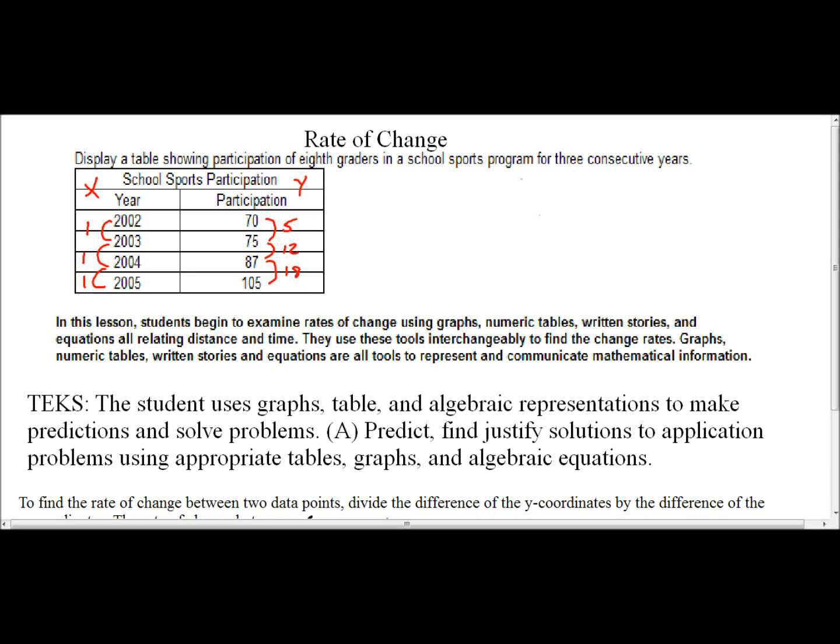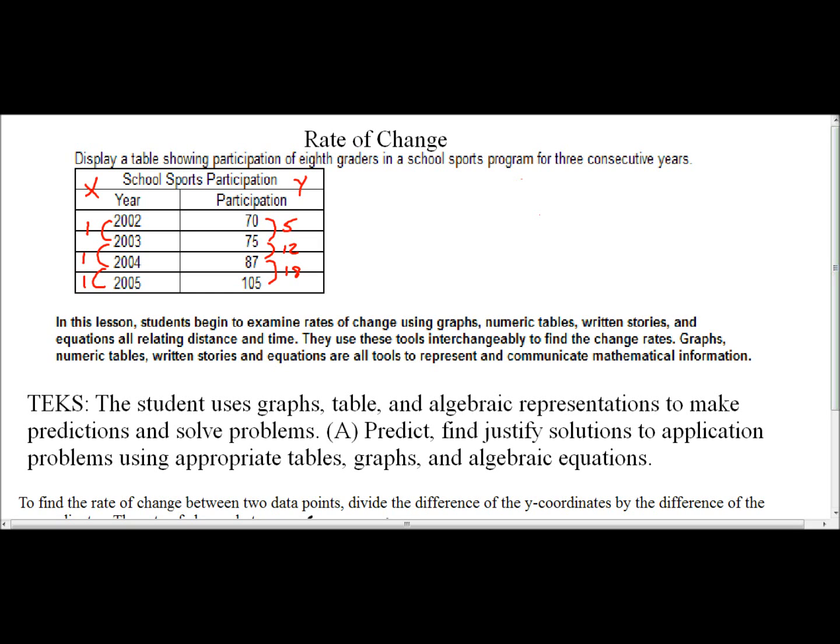Year 1, 2002, there were 70 participants in the school. Year 2003, there were 75 participants. Year 2004, there were 87 participants. And year 2005, there were 105 participants.